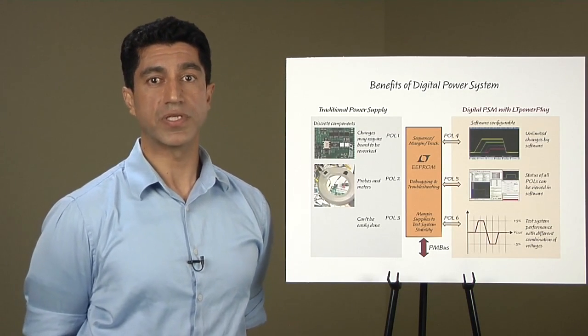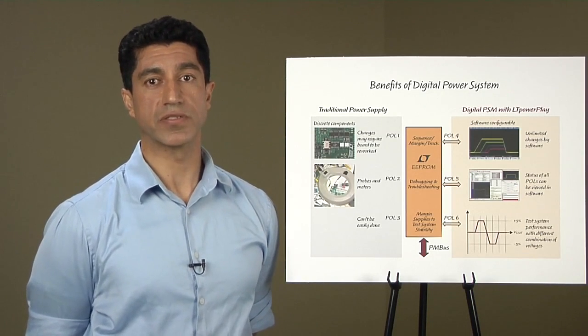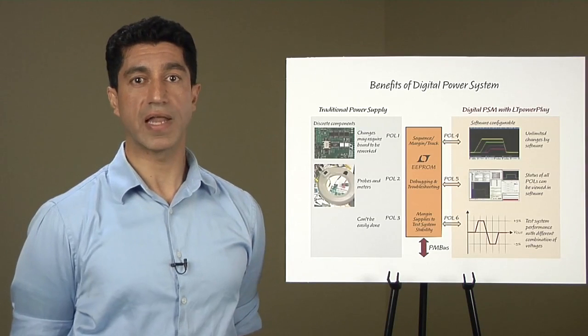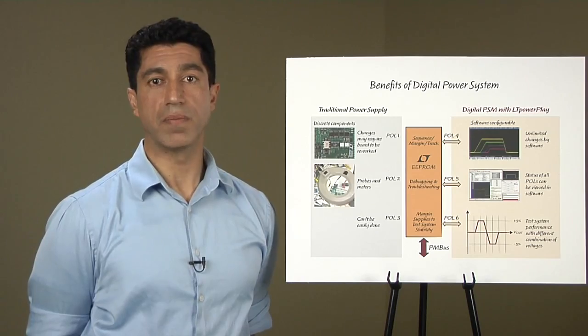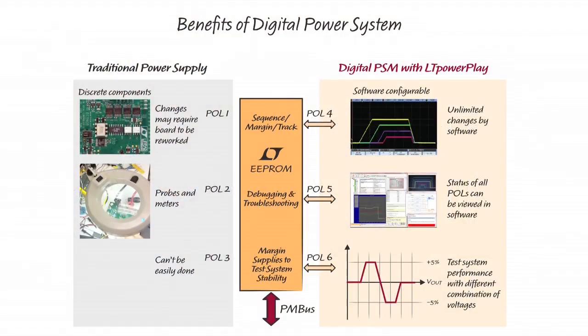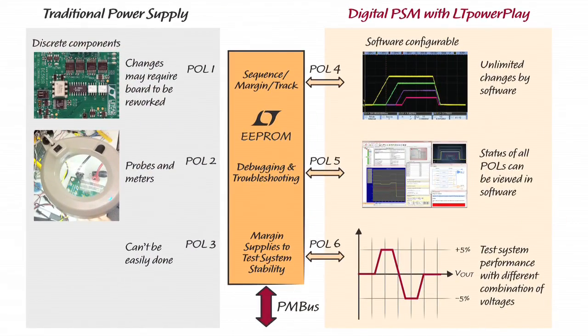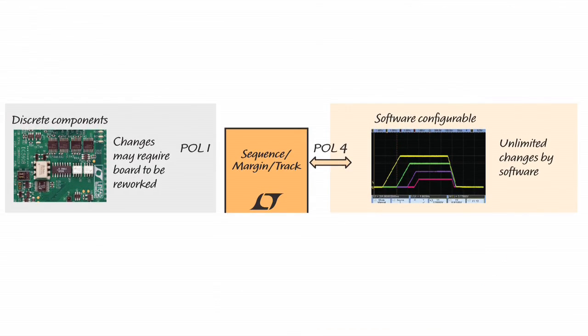The exact sequencing arrangement of a system's voltage rails is often unknown until after board fabrication, and then supply ramp rates may need to be adjusted. Sequencing and ramping in a traditional power supply can be done, but the values will be static, adjusted with a board level change. With digitally managed regulators, power parameters are software configurable.